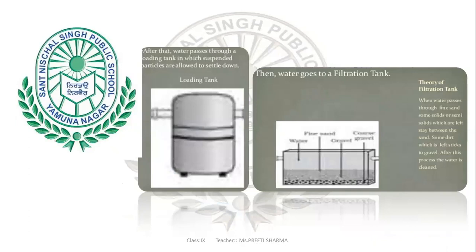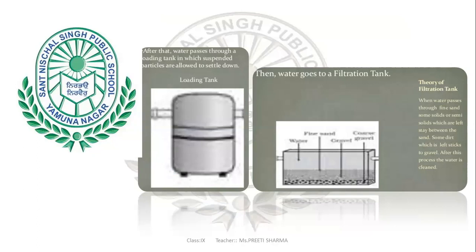The next is the loading tank. After that, water passes through a loading tank in which suspended particles are allowed to settle again. And what happens? It is based upon the density, right? Some particles present in water are of low density and they settle very slowly. To remove such particles, water from the sedimentation tank is sent to the loading tank, and in the loading tank we add some substances.